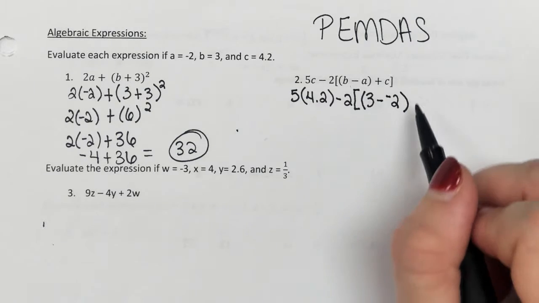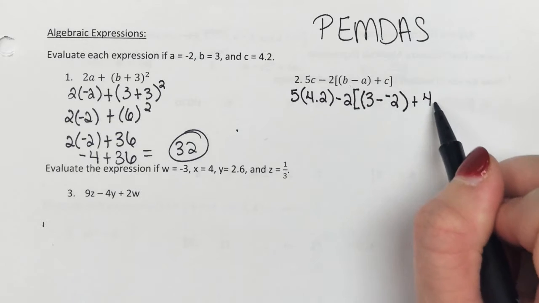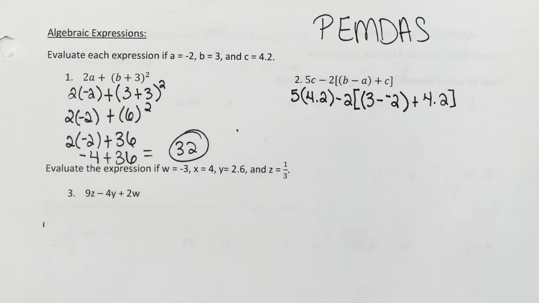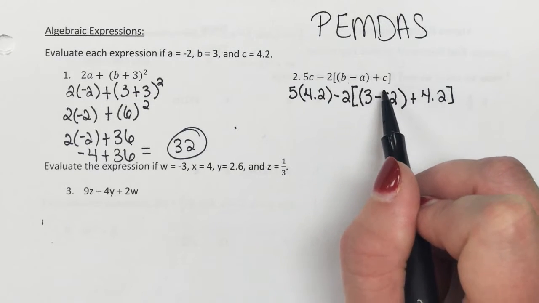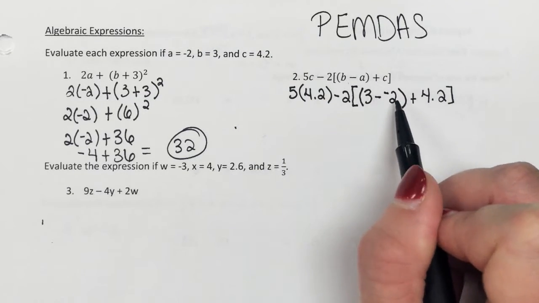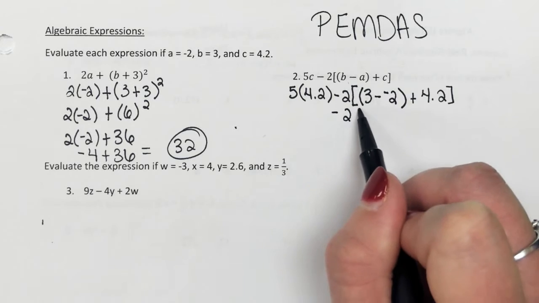All right, and then it says plus c is 4.2, and then a bracket. All right. You see any parentheses? What you see? 3 minus negative 2. What's 3 minus negative 2? 5. Very good.